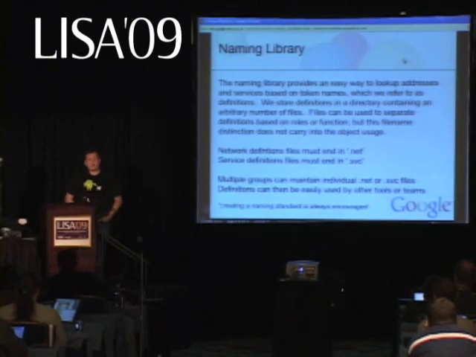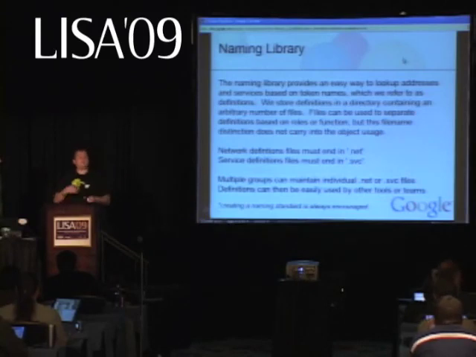One of the nice things about the naming library is you can have one file. When you download our current release, there's one file called network.net that defines some really basic network tokens like bogons and RFC 1918 and so forth.